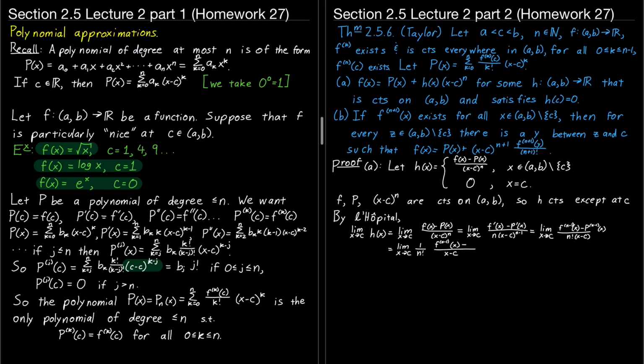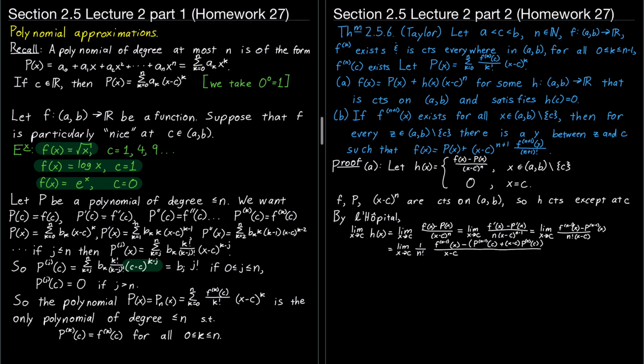And so if you take n derivatives, you get a constant. So if you take n minus 1 derivatives, you get a linear function. And the linear function you get is p n minus 1 of c plus x minus c times p n of c.